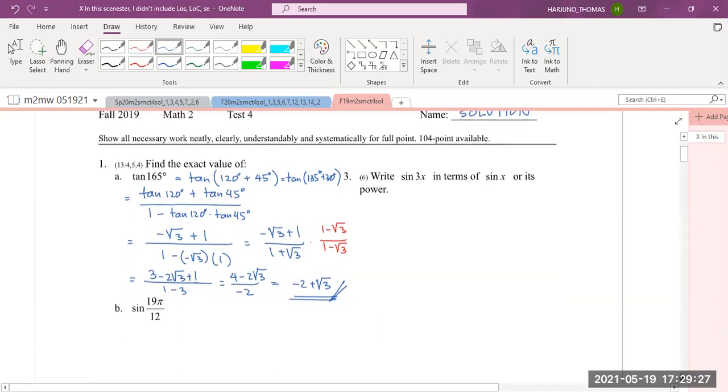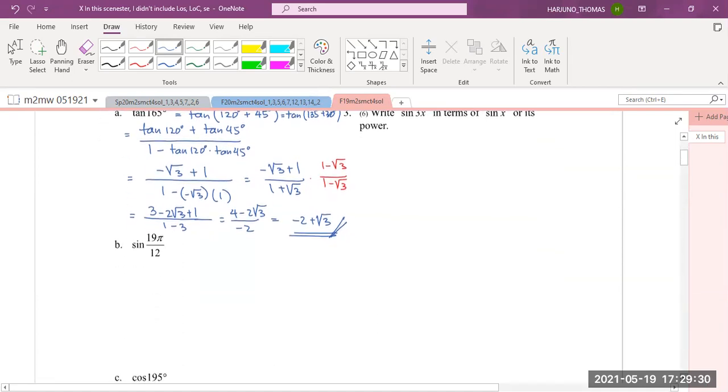How about sine 19 pi over 12? How do we break it up? What will be a good one? 10 pi over 12 plus 9 pi over 12.